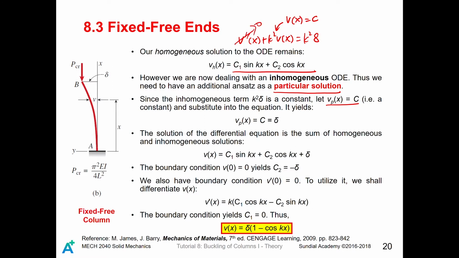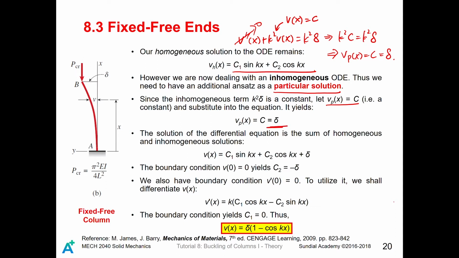So the whole equation now becomes k squared C equals k squared delta. Then the particular solution becomes Vp equals C equals delta. So the particular solution of this ODE becomes delta.